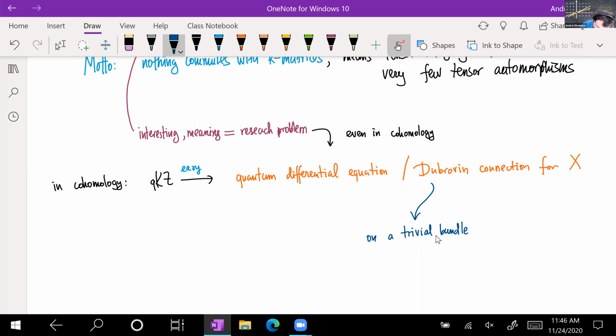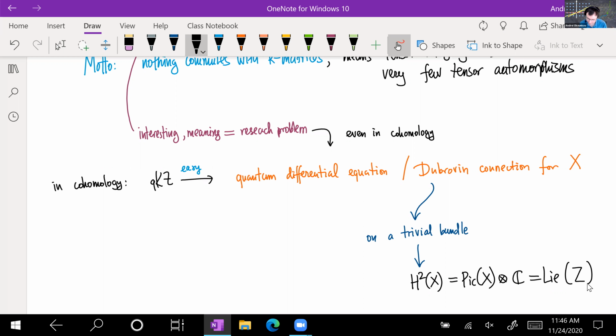with fiber. The base is H^2 of X, which is also Pic X tensor C, which is also the Lie algebra of this torus Z we were discussing.